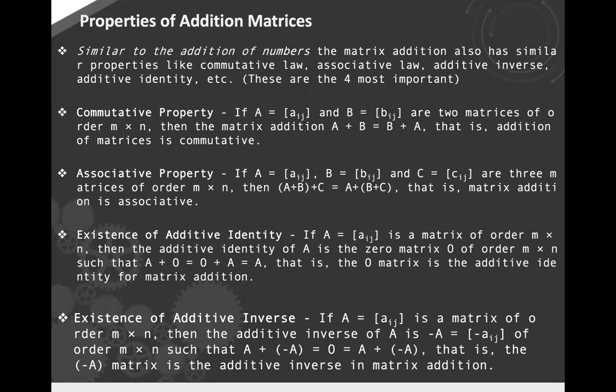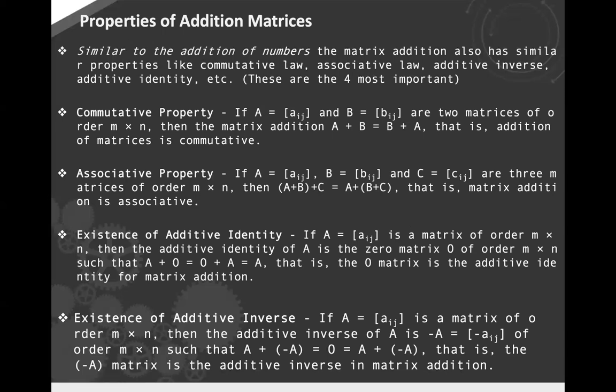Now, in the associative property, if we have A equals A1, B equals B2, and C equals C2, three matrices of order m times n, then your solution will be open brackets A plus B, close brackets, plus C equals A plus open bracket B plus C. That is matrix addition in the associative property.